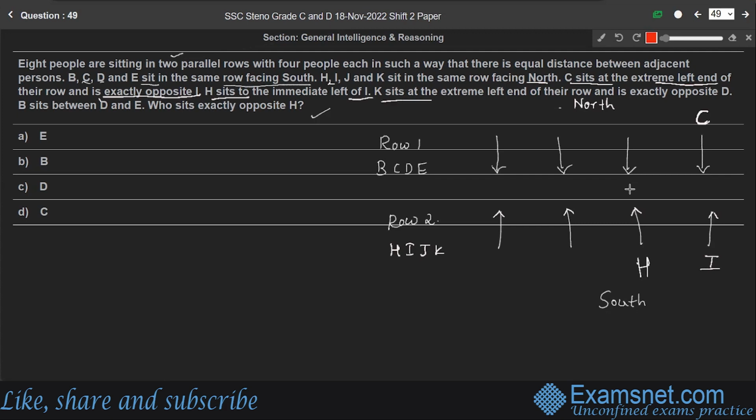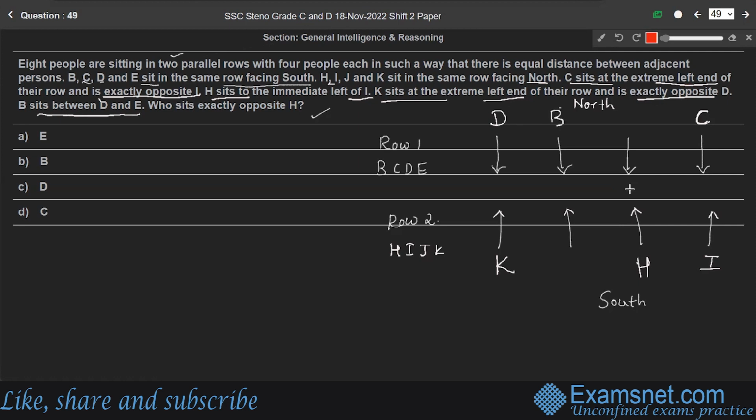Then K sits at the extreme left end of their row. So at the extreme left end of their row means row 2, right? So where K is sitting at the extreme left end and is exactly opposite D. K is opposite to D. Therefore, at the extreme right end of row 1, D is sitting. Then B sits between D and E. Between D and E, B is sitting.